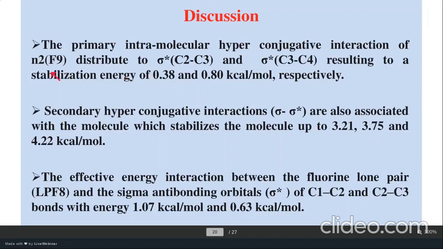Here, the primary intramolecular hyperconjugative interaction is of LP(N2) to F9. Actually, N2 denotes the lone pair of the F9 atom. It is distributed to sigma star C2-C3 and sigma star C3-C4, resulting in stabilization energies of 0.38 and 0.80 kilocalories per mole respectively.